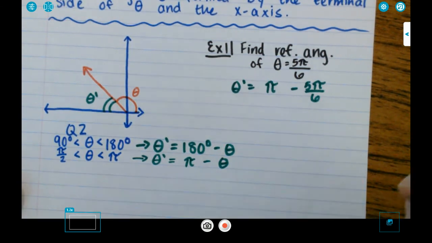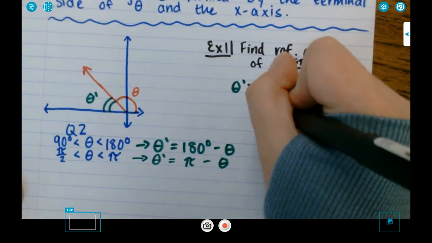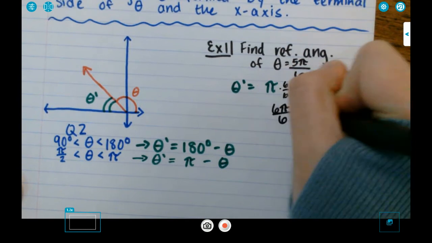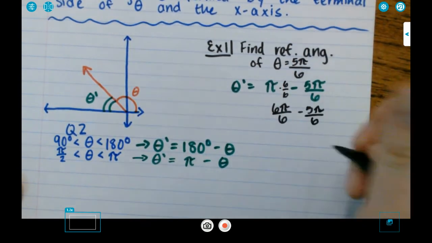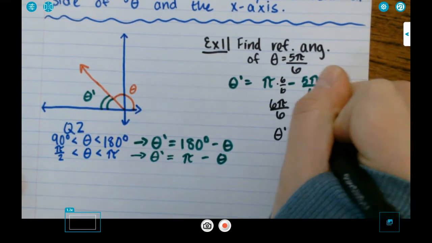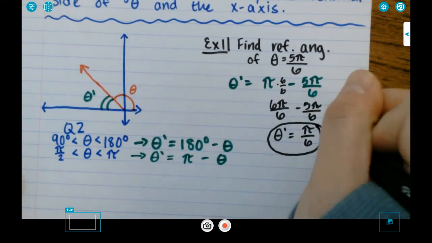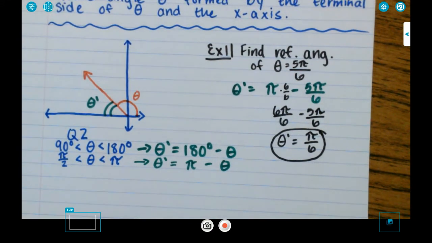Okay, so then we can multiply by 6 over 6 to get ourselves one of those common denominators. And we'll do 6 pi over 6 minus 5 pi over 6. And we'll get that theta prime equals pi over 6. You could also save yourself some time, and instead of getting a common denominator, ask yourself the question, how far away is 5 pi over 6 from pi, which would be 6 pi over 6?